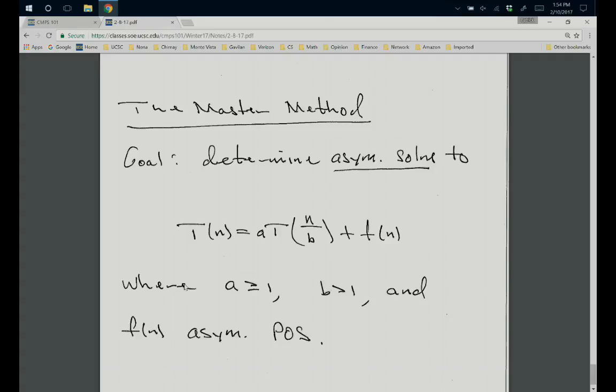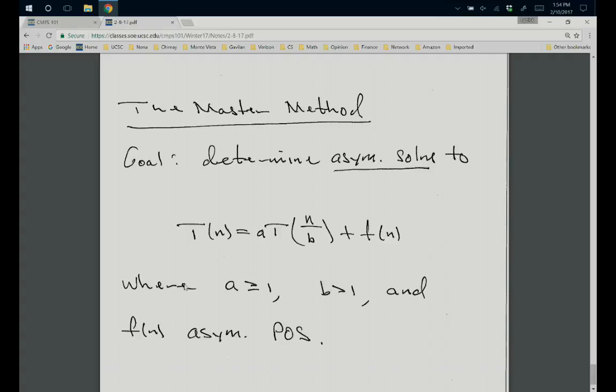So in case 1, I've got to find an epsilon for which n is big O of n to the log base 4 of 5 minus epsilon. The nice thing about comparing a polynomial to a polynomial is there's a ready choice, always a ready choice for epsilon.